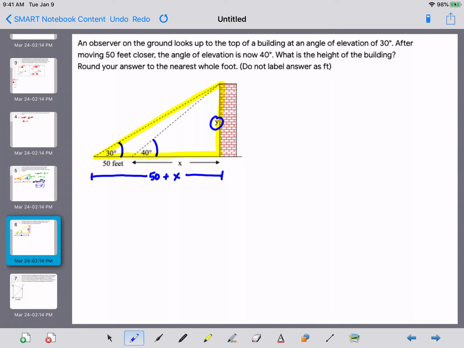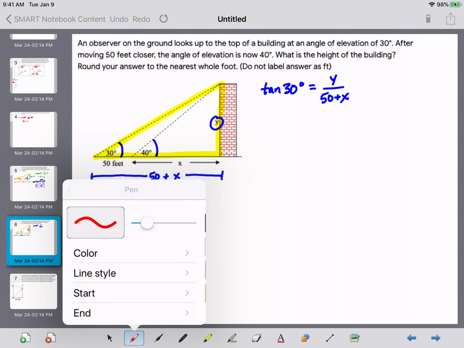So we still have opposite and adjacent, so we're still going to use tangent. We're going to say the tangent of 30 degrees is equal to y over 50 plus x. And that's all we can do for now.